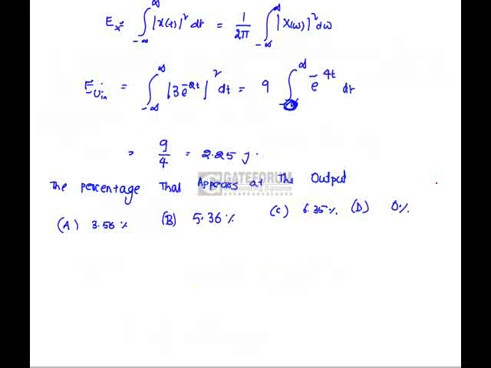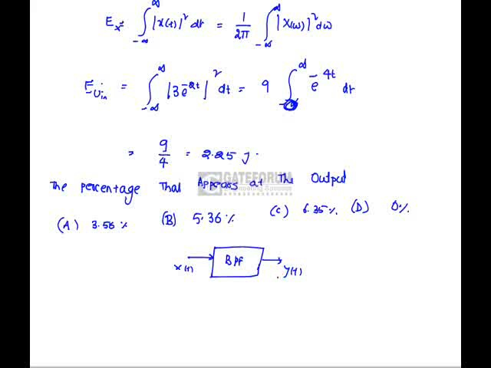The percentage that appears at the output: this means we are passing a signal x of t to the filter, and we have to find out the energy of y of t.